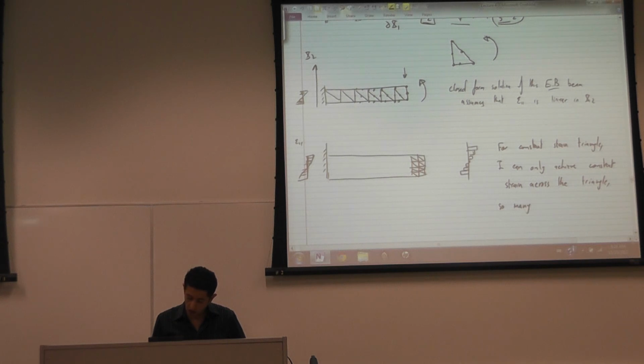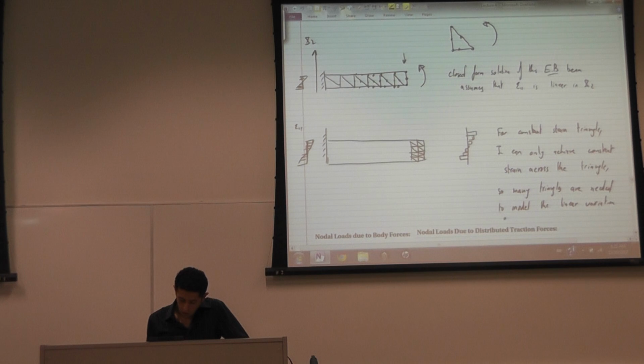So many triangles are needed to model the linear variation of epsilon 1 across the height.